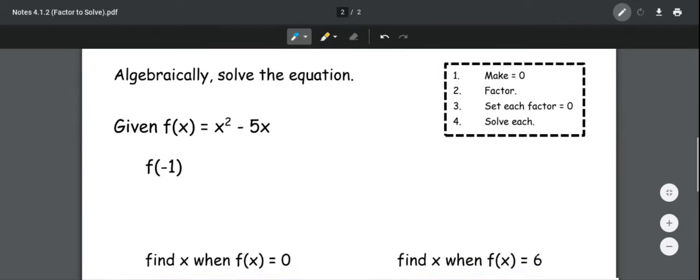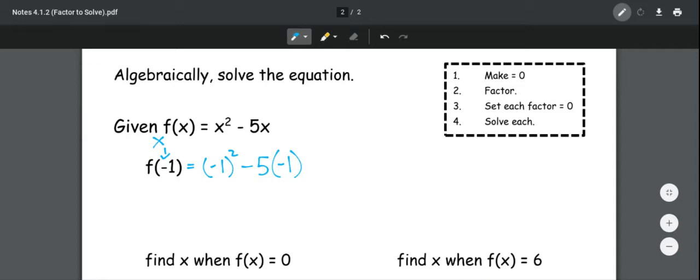So remember, when you are given f of -1, this -1 is your x value. So that means -1 squared minus 5 times -1. Wherever you see an x, you have to put in the -1.